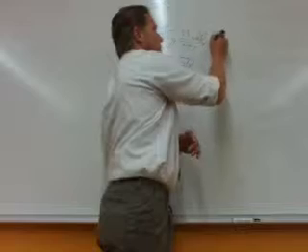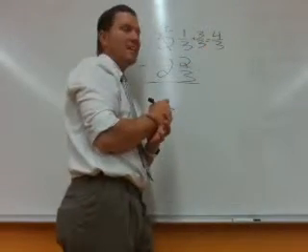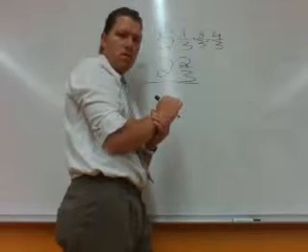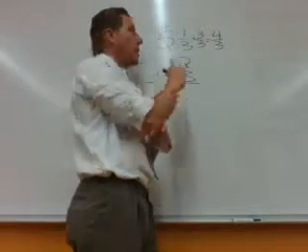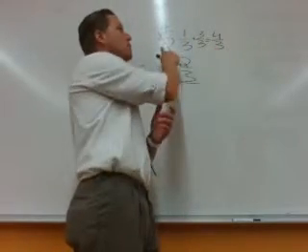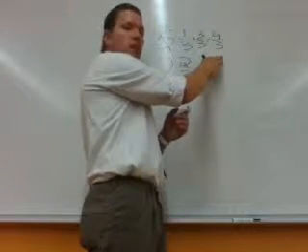So that means 4 and 4/3 is the exact same value as 5 and 1/3. Okay? Catch that? 4 and 4/3 is the same value as 5 and 1/3. But now that's the usable setup.